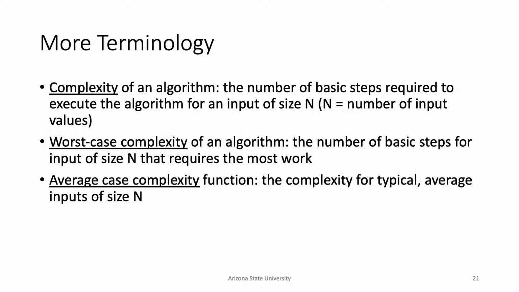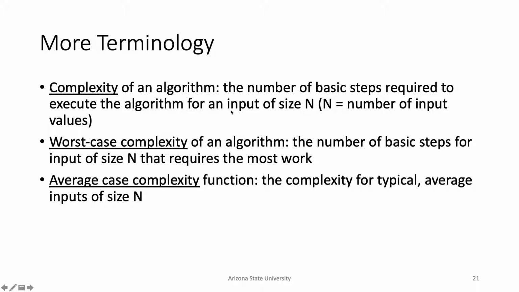Okay, so more terminology, great. The way that we look at saying this algorithm is better than this one, or worse than another, or the same, is we look at something called the complexity of the algorithm. This could either be the time complexity, how long it takes, or the space complexity, how much memory it takes, or memory complexity for that matter.